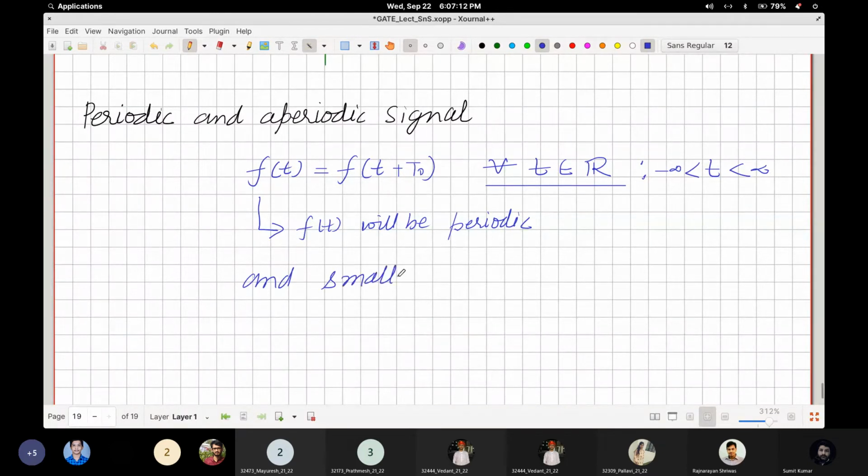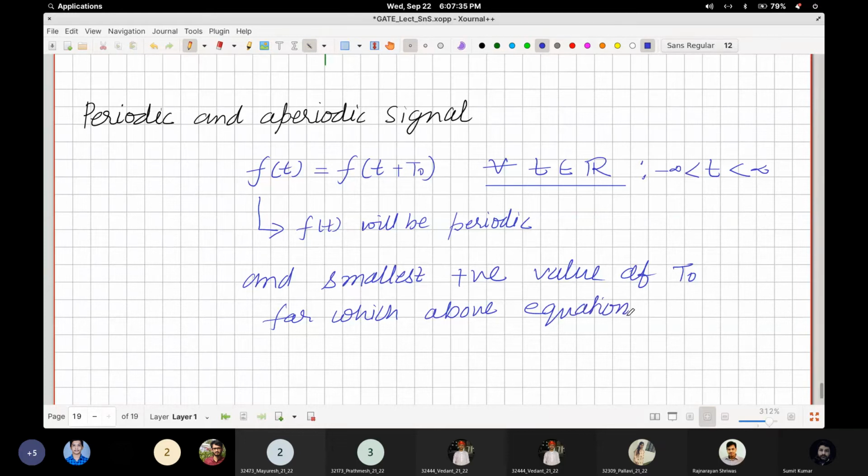Okay, and smallest, again look at the word, smallest positive value of t naught for which above equation holds is called, क्या बोलते हैं उसको हम लोग?